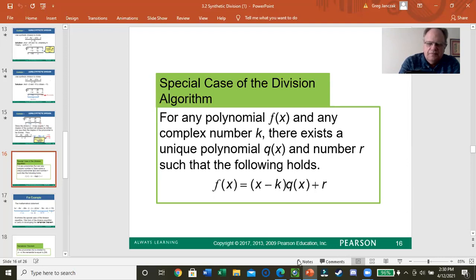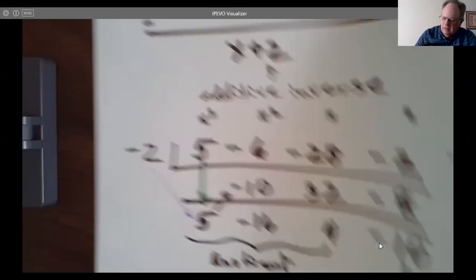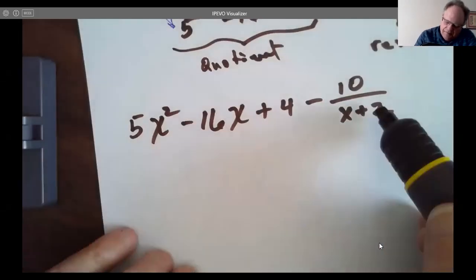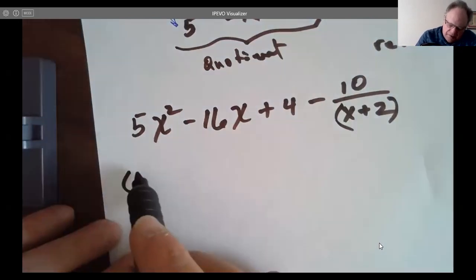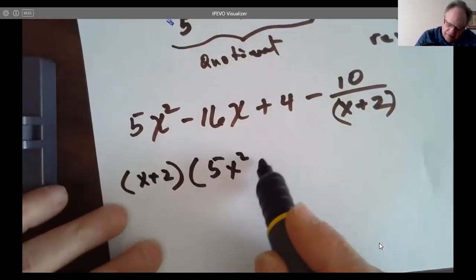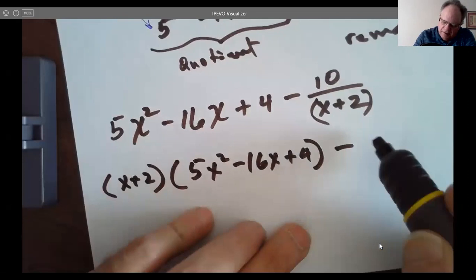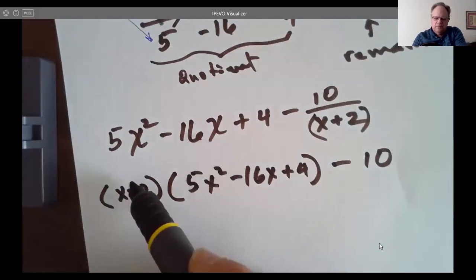So for a problem like this last one, this would be x plus 2 times 5x squared minus 16x plus 4 minus 10. So all you did is you just moved the divisor over.